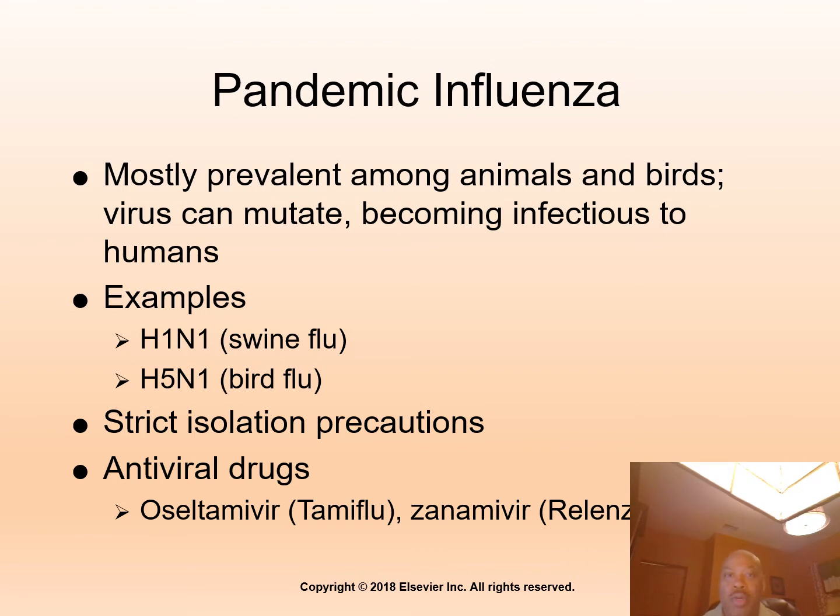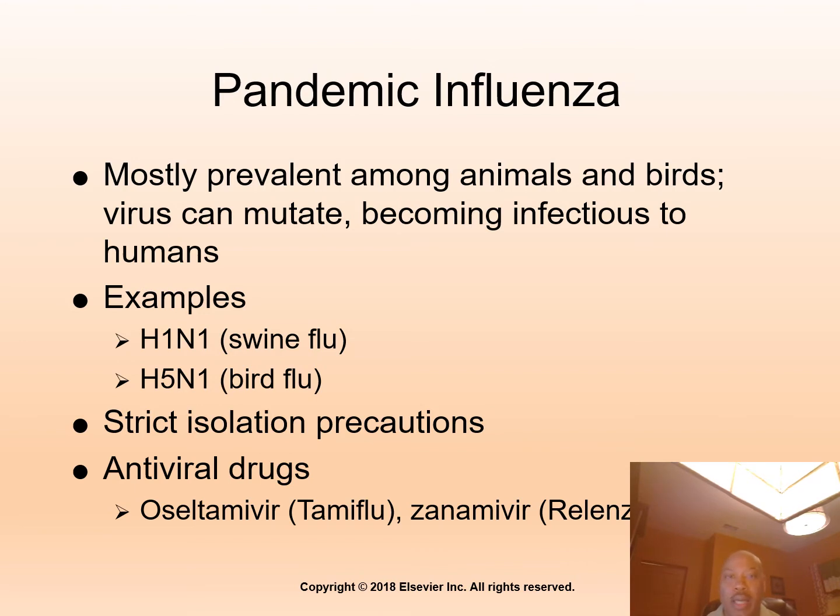Treatment includes supportive care. These patients should be provided with oxygen for hypoxia and respiratory compromise. They should also receive respiratory treatments. They might also be intubated. Sometimes this condition can become pretty severe. Antibiotics are given to treat bacterial or secondary infections from this condition or associated with H5N1.